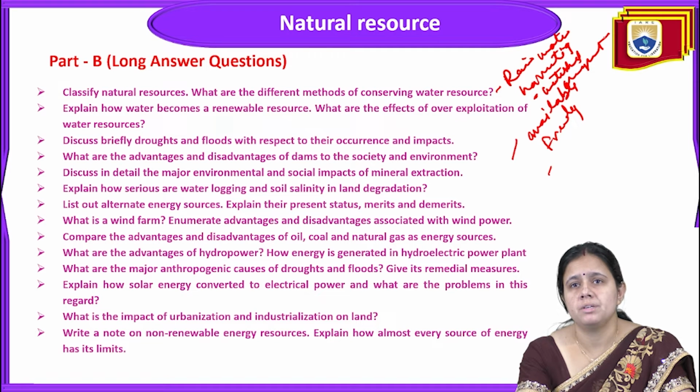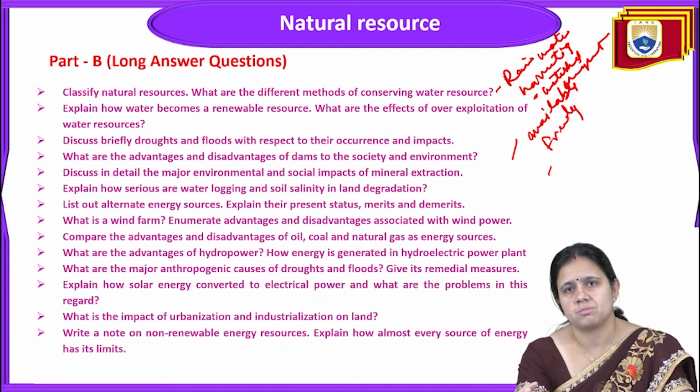Explain how water becomes a renewable resource. What are the effects of over exploitation of water resources? Water is a renewable resource because you can renew water in a normal human lifespan, because water is coming from rain, or water can come by many means.